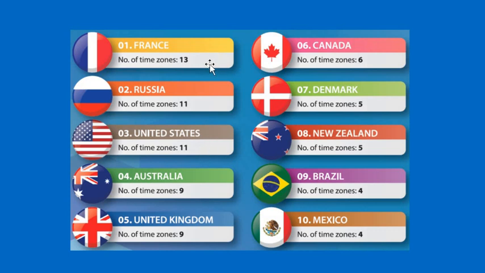The top of the list is your France. Number of time zones 13. Okay, you have to consider the various other regions where France has domination and all that to take into account of this. United Kingdom has number of time zones 9. Okay, Brazil has 4 time zones, and so on and so forth. Canada has 6 time zones.